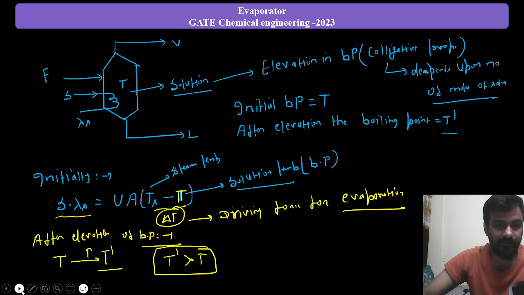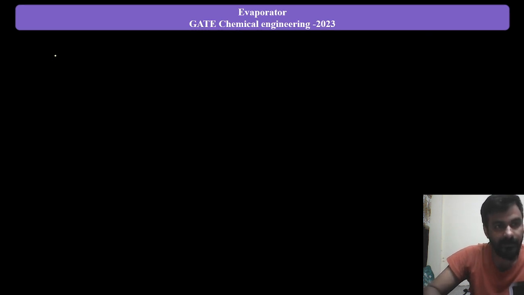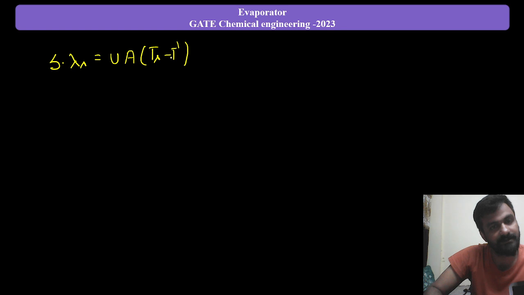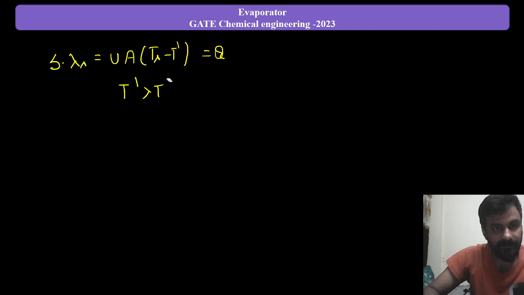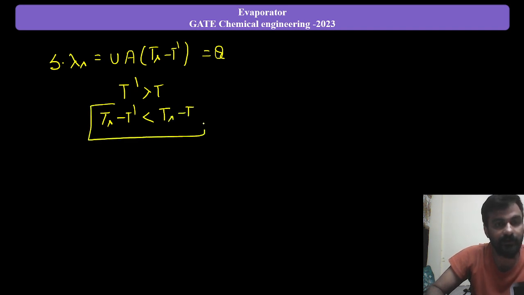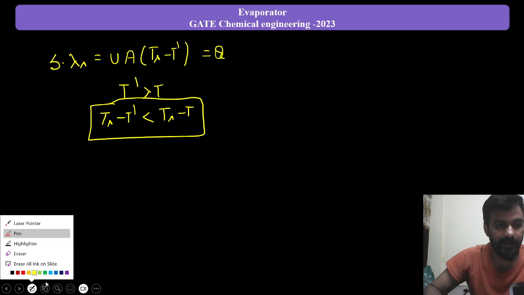So if we now call S into lambda S equals UA times TS minus T dash, that equals Q. Now try to understand one thing. Since T dash is greater than T, can I say TS minus T dash will be less than TS minus T? Agree or not? All agree about this?